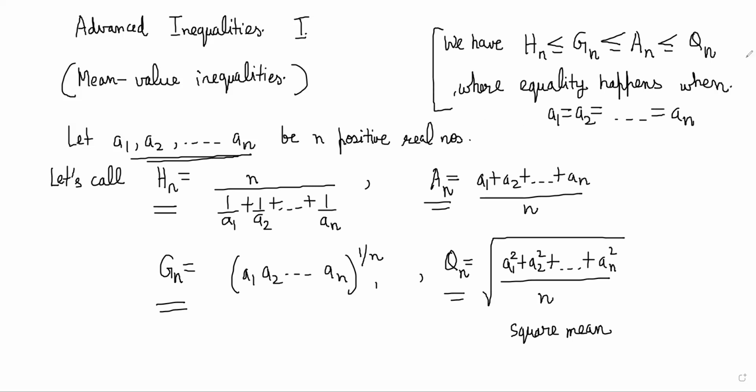So the inequalities are Hn is less than equal to Gn, is less than equal to An, and less than equal to Qn. And equality happens in all cases when the numbers whose means we are taking are themselves all equal.